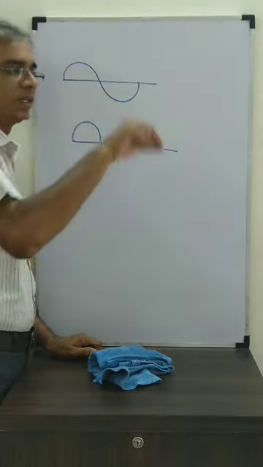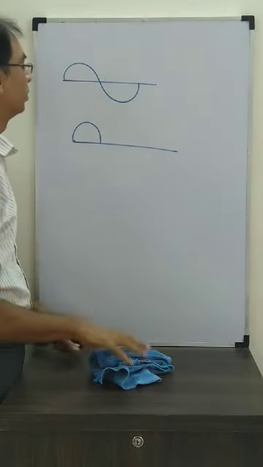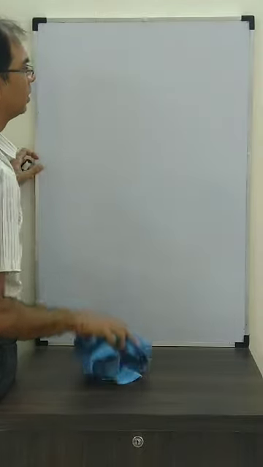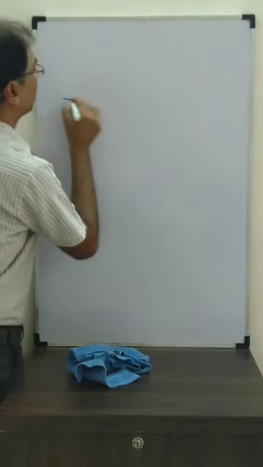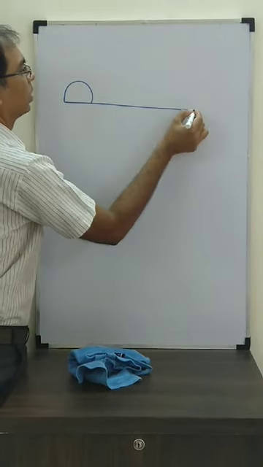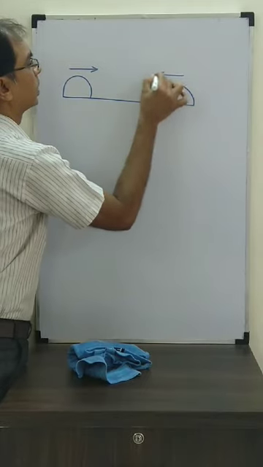If I do like this, it's a wave, but if I do like this, it's a pulse. So we are going to see what happens if interference is there on a string between two pulses, one this pulse and one this pulse, going like this.